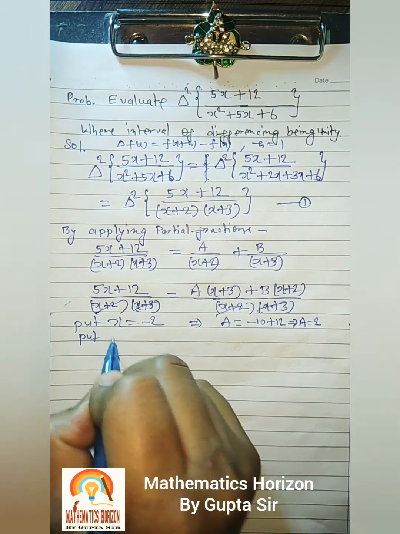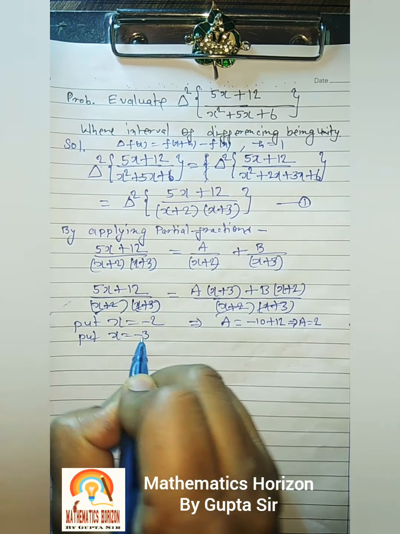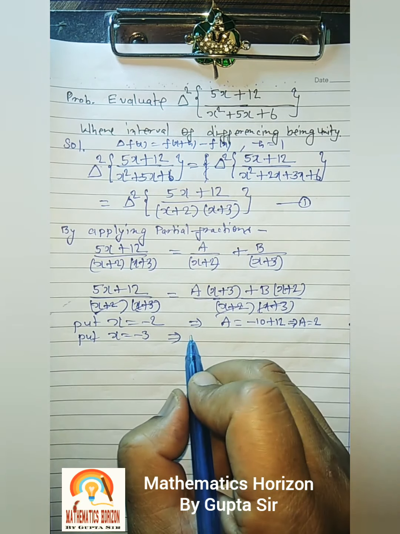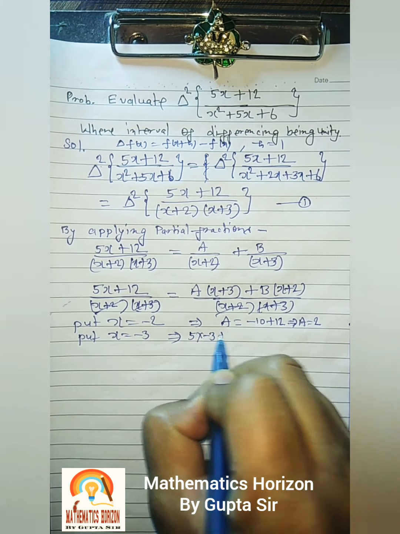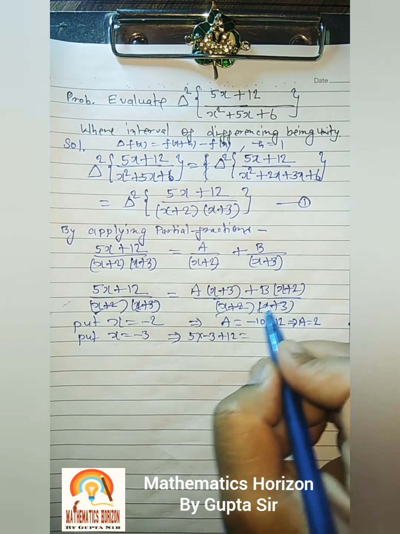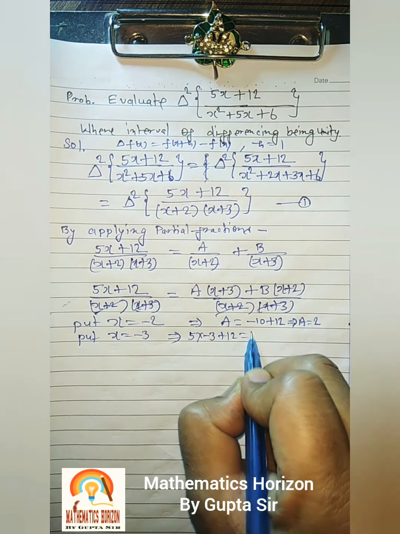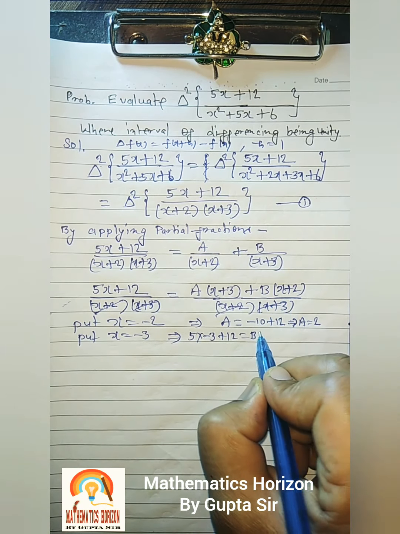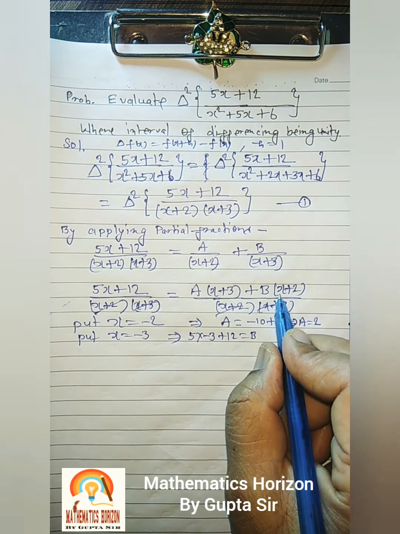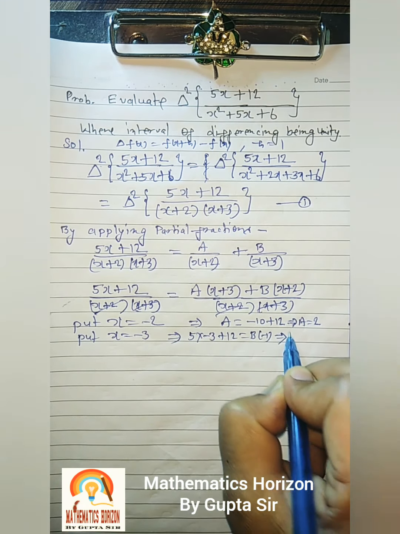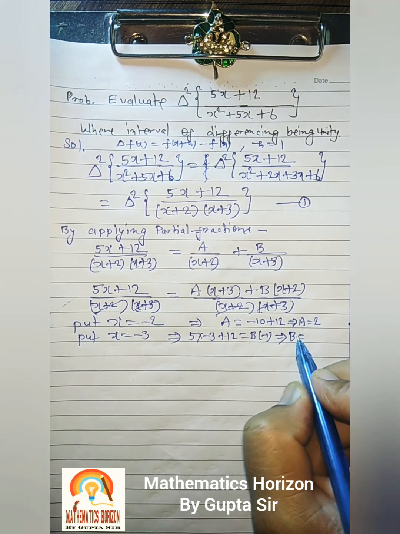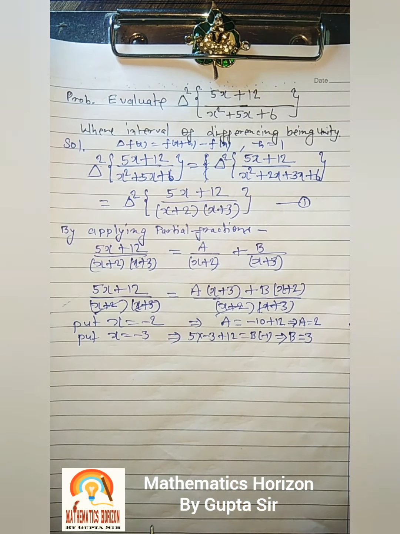When we put x equal to minus 3 on both sides, 5 into minus 3 plus 12 is equal to, this term will be 0, and here we have x equal to minus 3, minus 3 plus 2, that is minus 1. On solving, b is equal to plus 3.